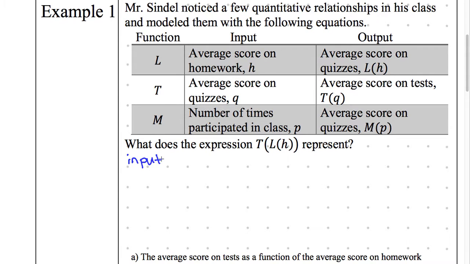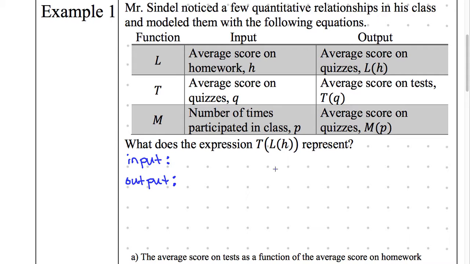Okay, not very much talking. Input and output. Write it down. This composition of functions takes in something. Quiet raised hand. What is the input of T composed with L of H? I need the variable and what the variable represents.